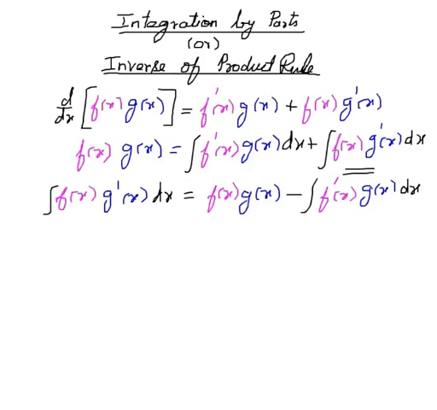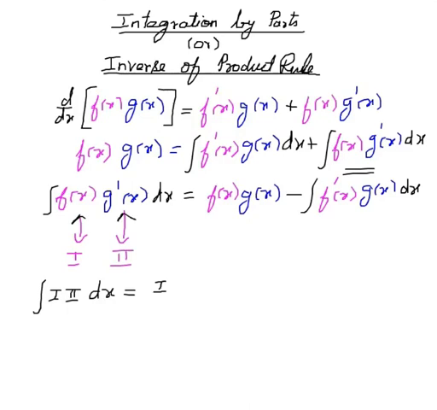We will take this as the first function and this as the second function and write the formula as integral first function into second function dx is equal to first function. Here we have taken the first function as f of x and second function as g dashed of x.